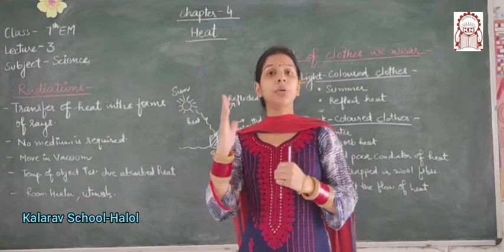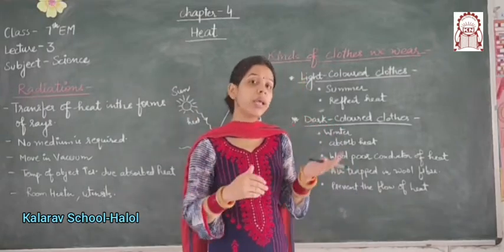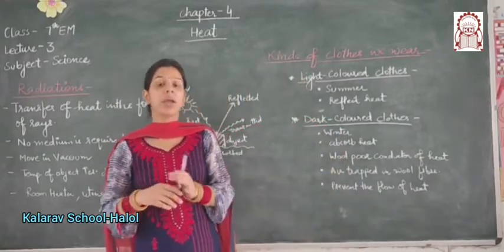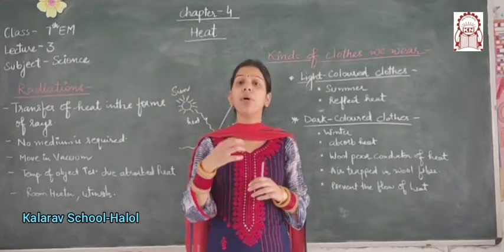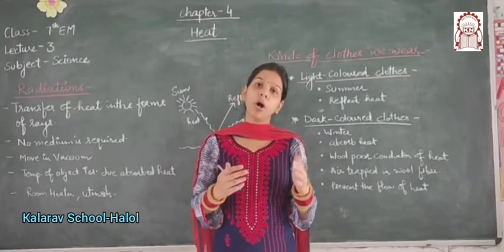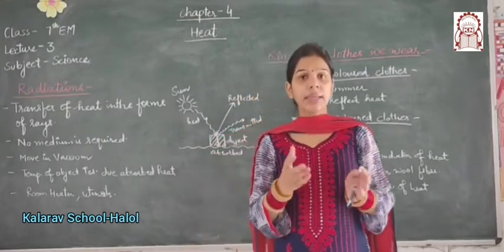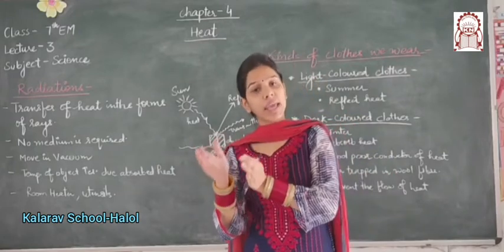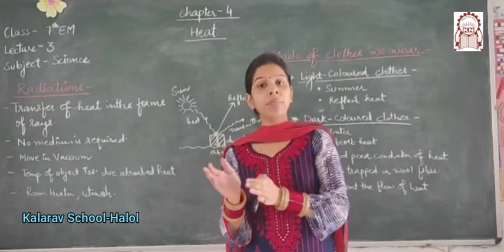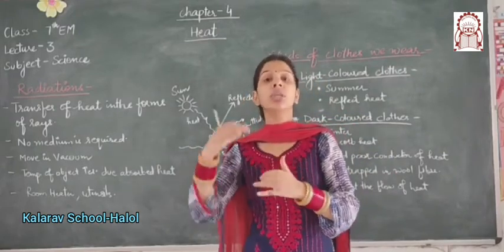There are a large number of examples of radiation in day-to-day life. Firstly, you get heat from a room heater in the form of radiation. Number 2, a hot utensil kept away from the flame gives heat to the surroundings.